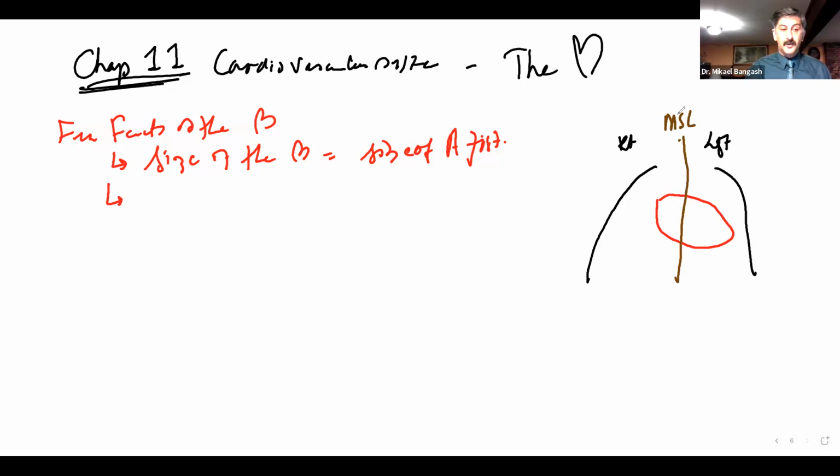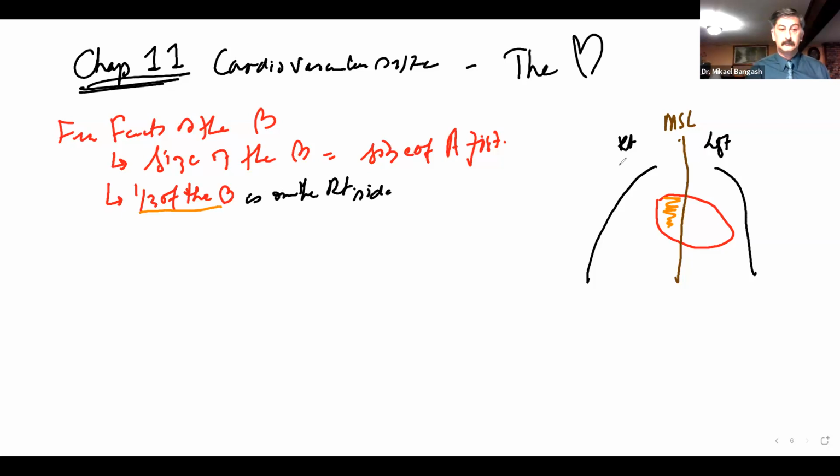If you go from right to left, we can mainly say that 1/3 of the heart, this part here, is on the right side of this mid-sagittal line.